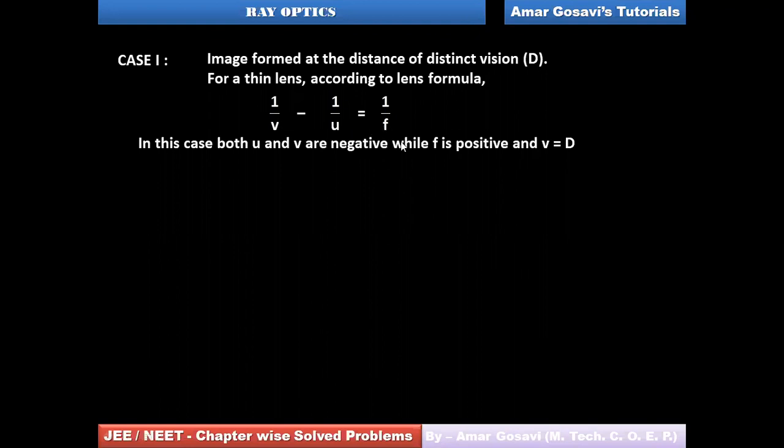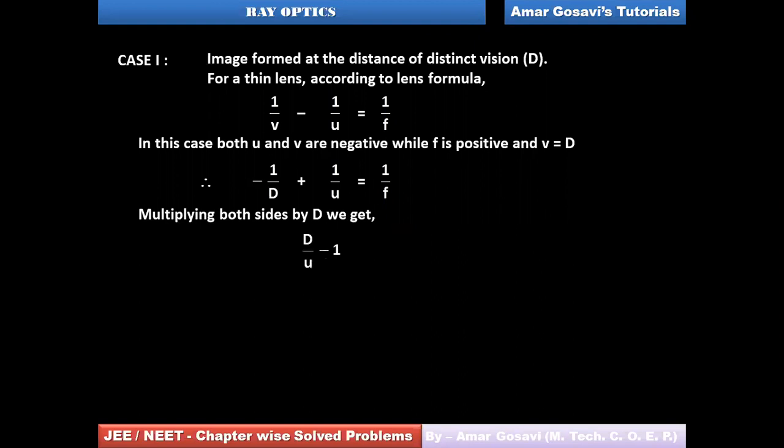Then V has to be substituted as equal to capital D. So in this case, it will be minus 1 by D plus 1 by U equal to 1 by F. If you multiply by D on both the sides, what you get is D by U minus 1 equal to D by F.